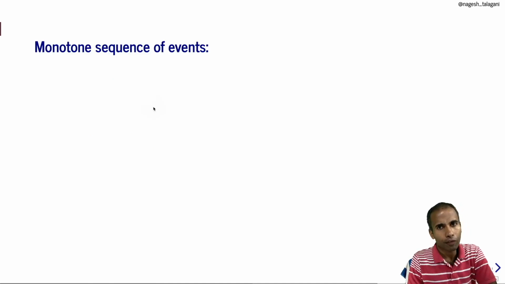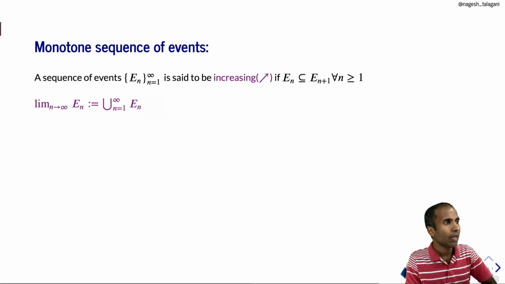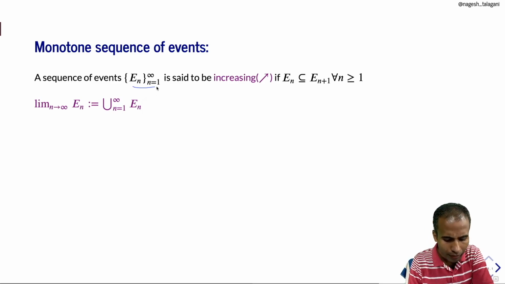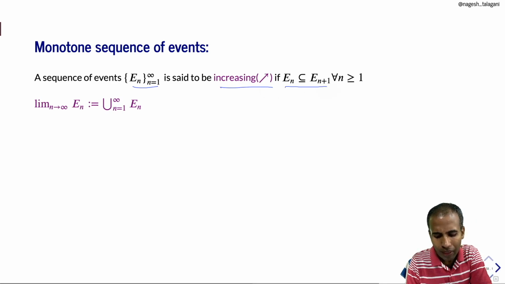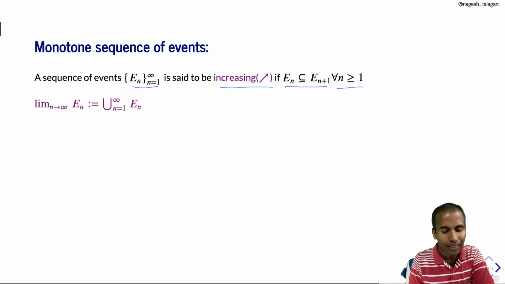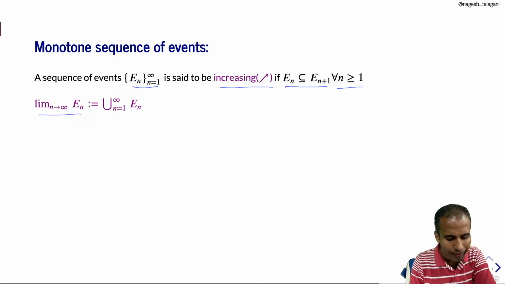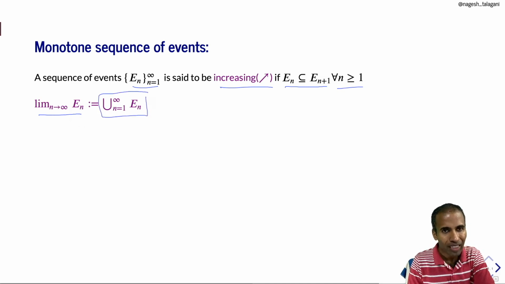Monotone sequence of events. A sequence of events En is said to be increasing if En is contained in En plus 1 for all n. In this case, limit En is defined to be the union for n equal to 1 to infinity of En. This is what we mean by limit En when we have an increasing sequence of events.